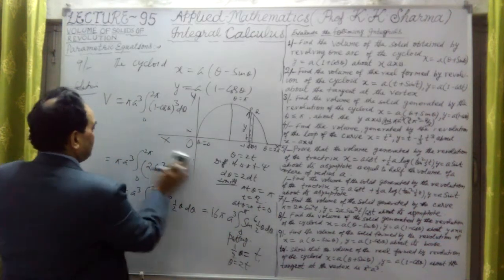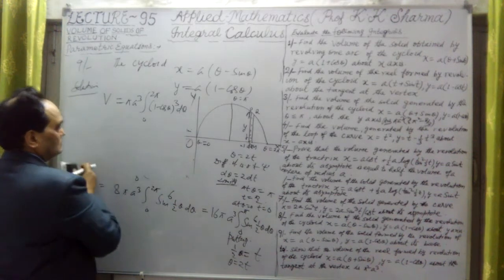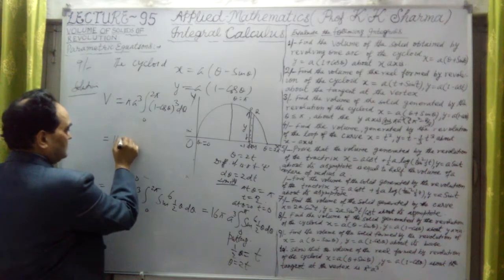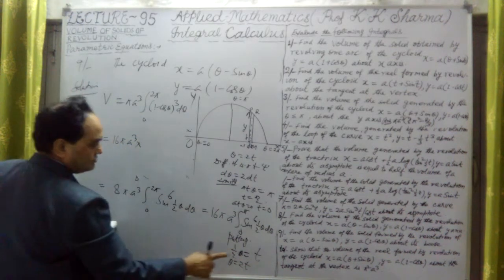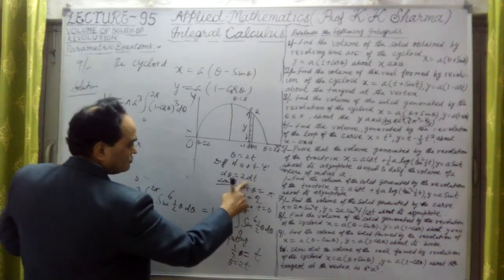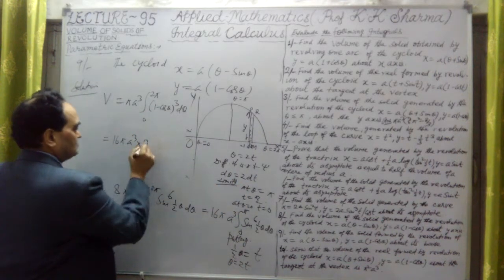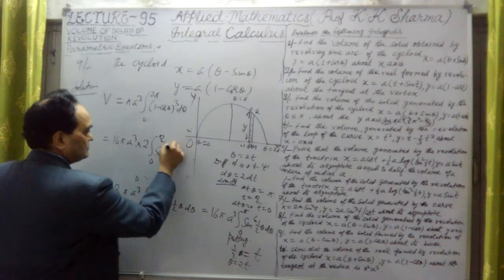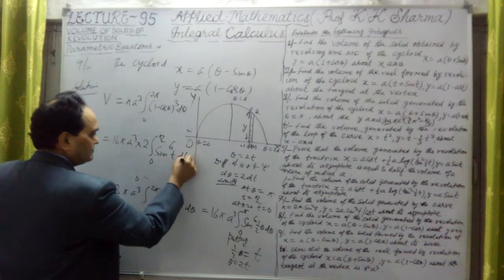So it will be again this value, 16 into pi into a cube, 2 will come out because it will be 2 dt, limits now 0 to pi by 2, it is now sine 6 power t dt.